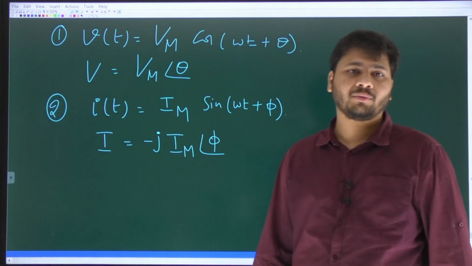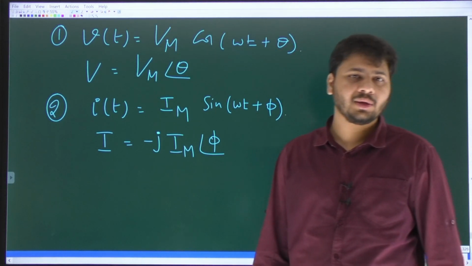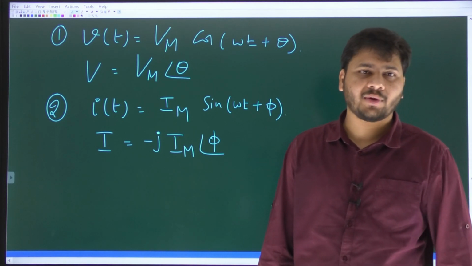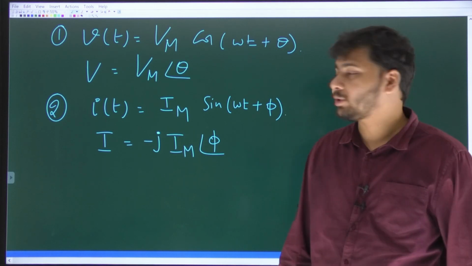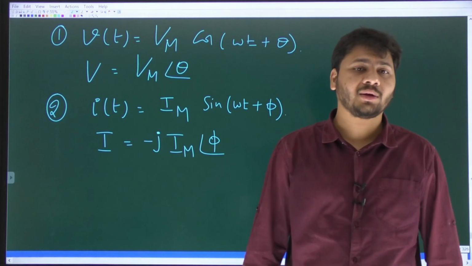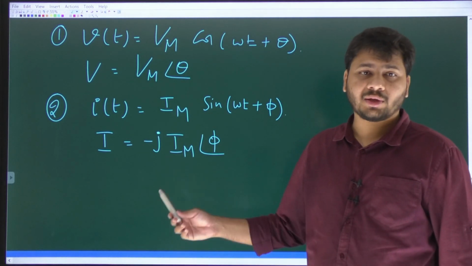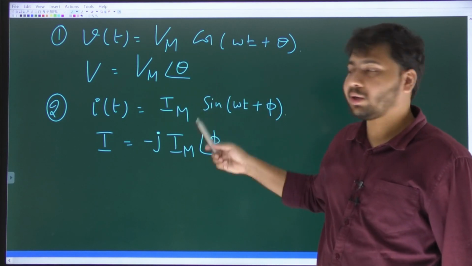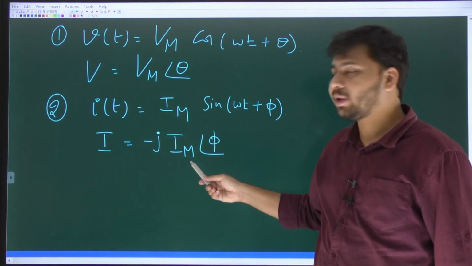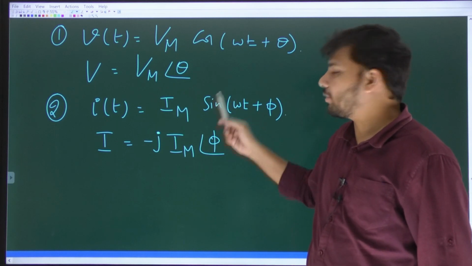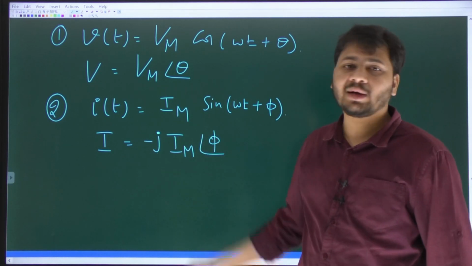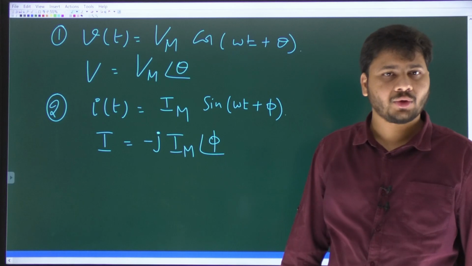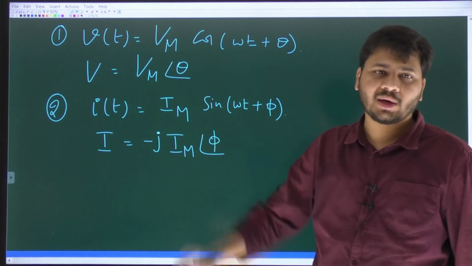Whenever we have Vm cos(omega t plus theta), it can be represented in phasor form as Vm angle theta. And when you have Im sin(omega t plus phi), first you write Im angle phi, just like Vm angle theta previously. Because the function is sine, you just add this minus j. You understood? If it is cosine, you just leave it like that.